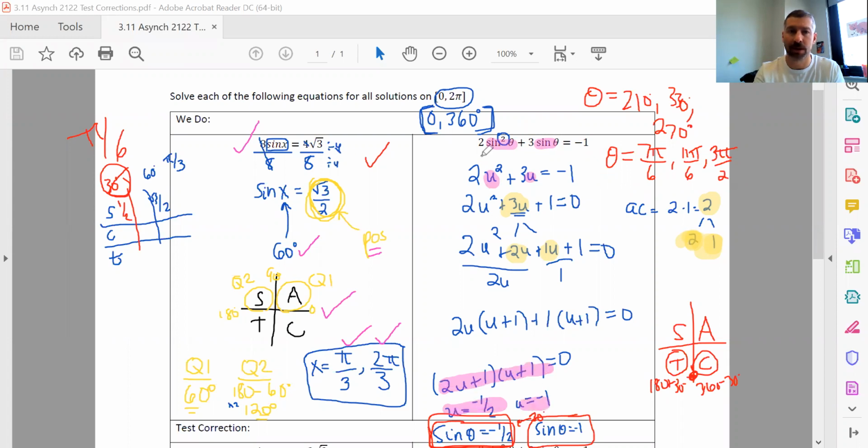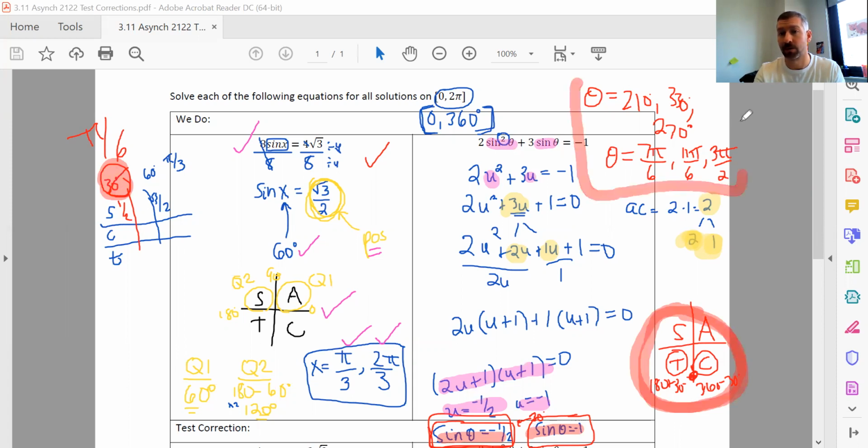But notice how we didn't stop there. Once we solved for u, we plugged sine back in to check where our angles would be. So we used our reference chart to find our reference angle. 30 gives us 1/2. And then we used our ASTC to find out where things would be positive and negative, because of course our answers need to be angles. That's what we're looking for, angles from 0 to 2 pi or 0 to 360.